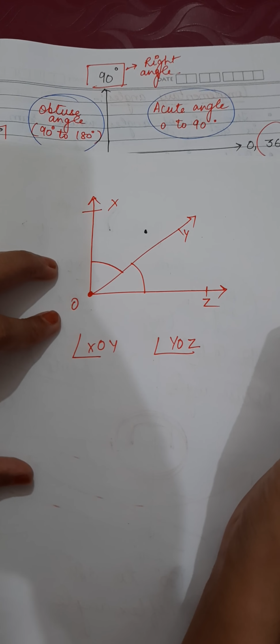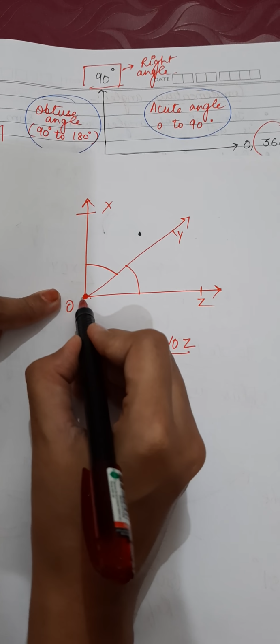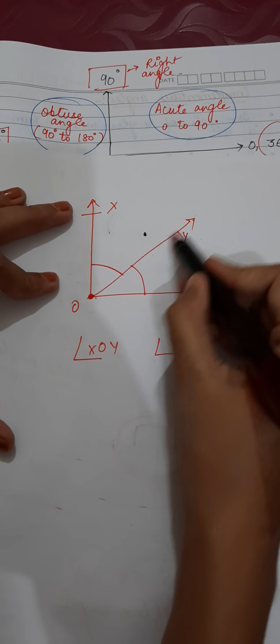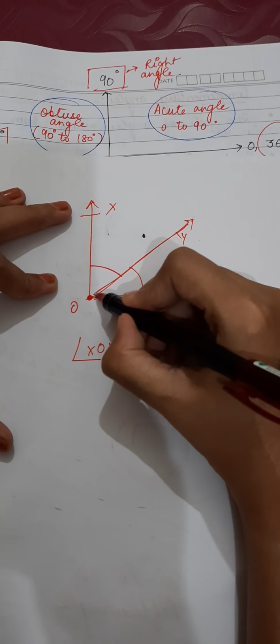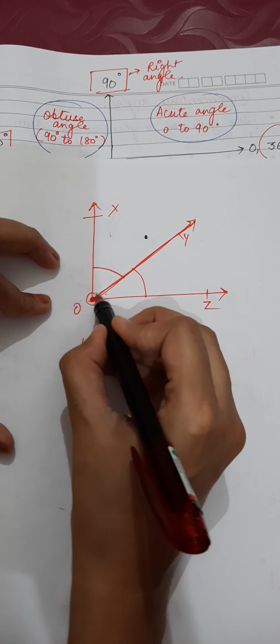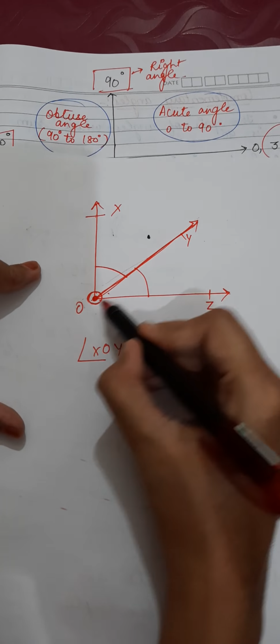There is one thing common in both: this vertex. These two rays are on the same vertex, and this angle and this angle have this common arm. So adjacent means, one, they should have the common vertex, and second, both the angles should have the common arm.